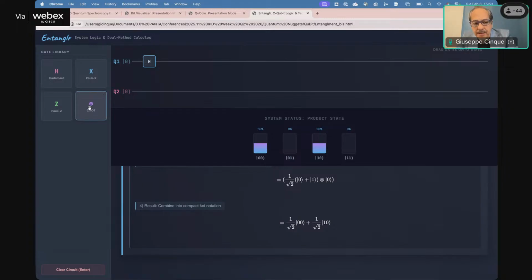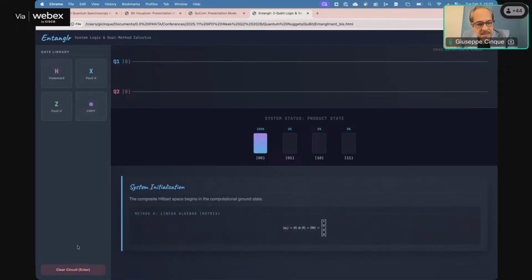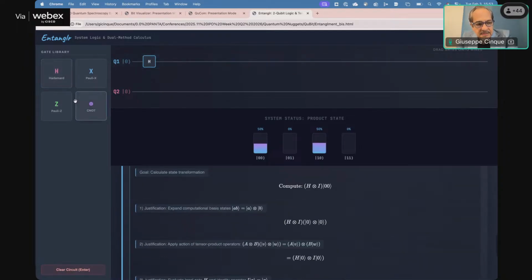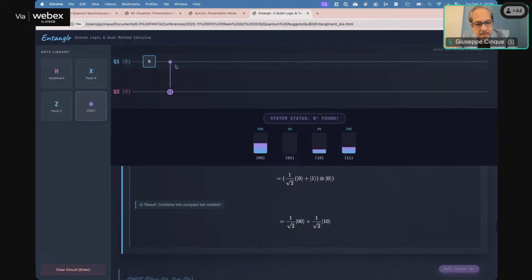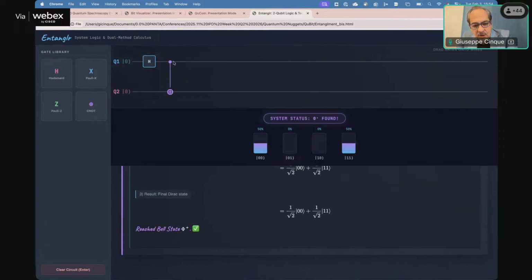The second, we know, because nothing has been applied, is 0. Now the trick happens. If I then take the C-NOT gate and apply it, taking the control signal from the qubit that is in superposition, so the superposition is the control signal, and this is the NOT.